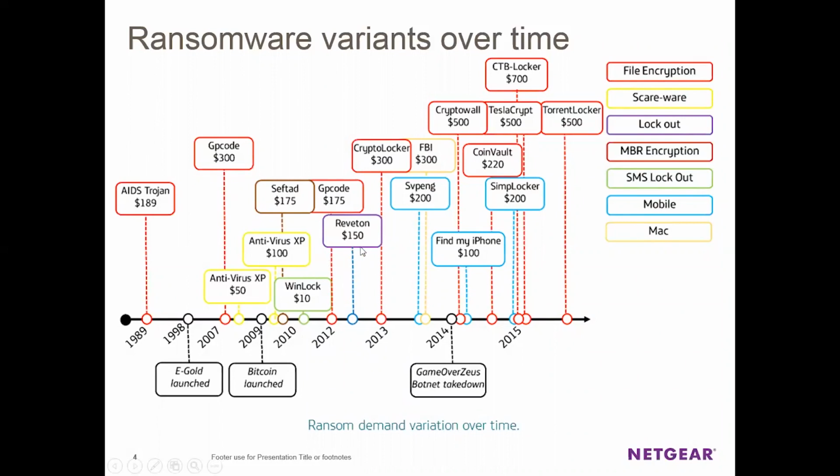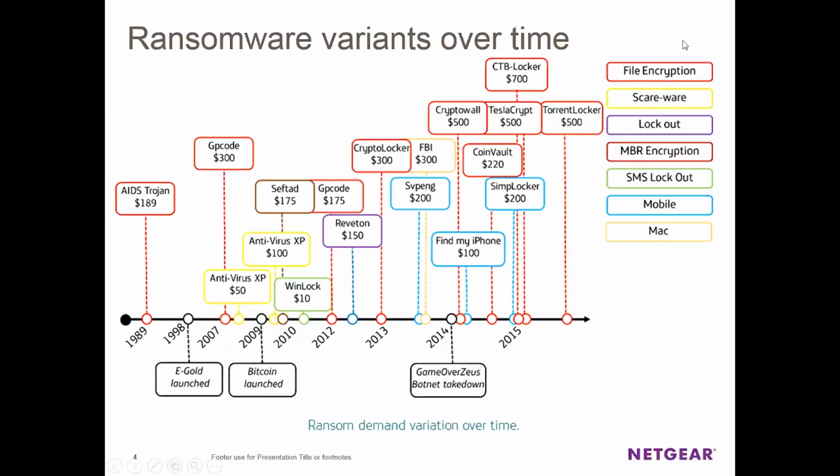Here we have the ransom demand variation over time. You can see that it's getting more and more crowded, and more and more expensive. You also see CryptoWall, CTB Locker at $700, Torrent Locker at $500. That's how big these ransomware attacks are and how much they are expanding.